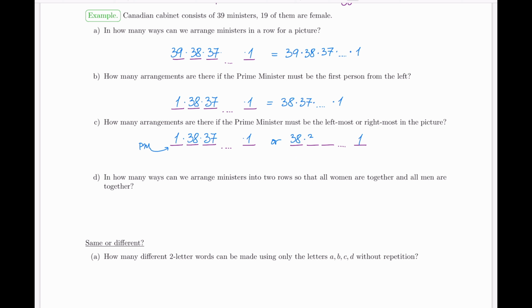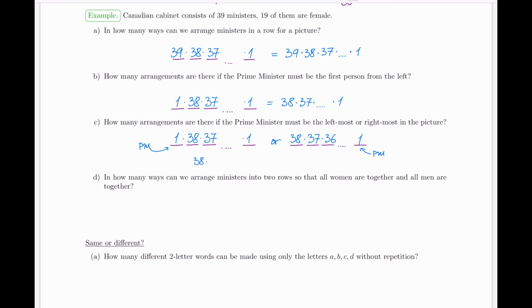The next number will be 37, 36, and so on. Now, only one of these arrangements can happen. They cannot happen simultaneously. The prime minister cannot be at the same time the left and the rightmost person. So this is going to be connected by an addition principle.